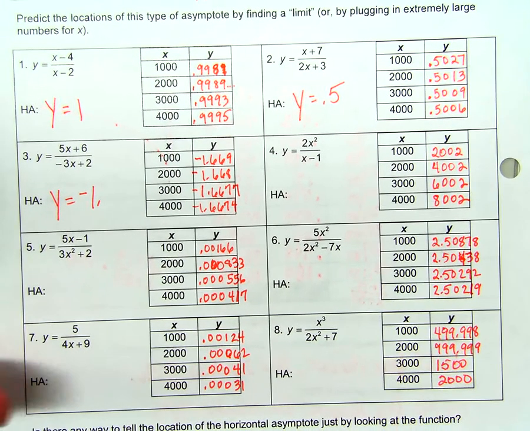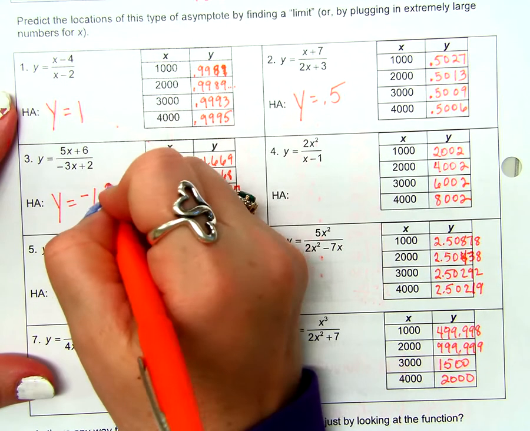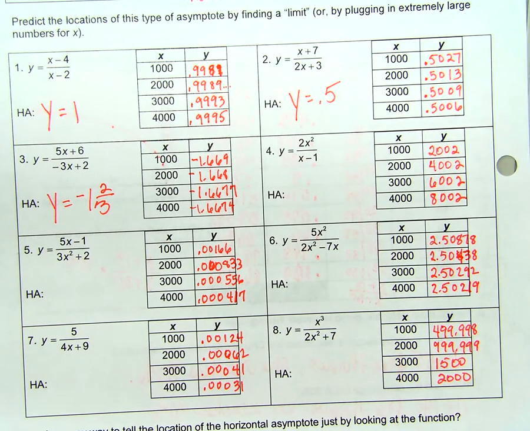It's not -2. It's closer to what they were saying, but... Which is what? 1 2/3. Negative 1 2/3.